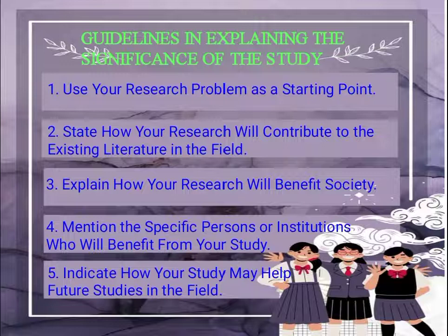So you may indicate that through your research, the community will be able to realize the significance of the lemongrass and other herbal plants. As a result, the community will be encouraged to promote the cultivation and use of the medicinal plants.